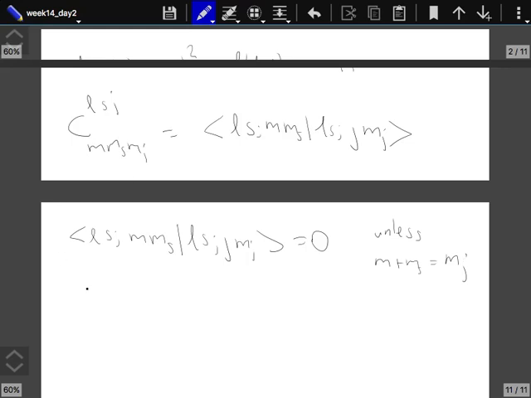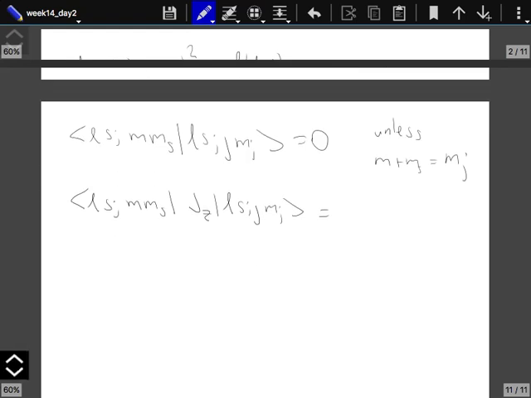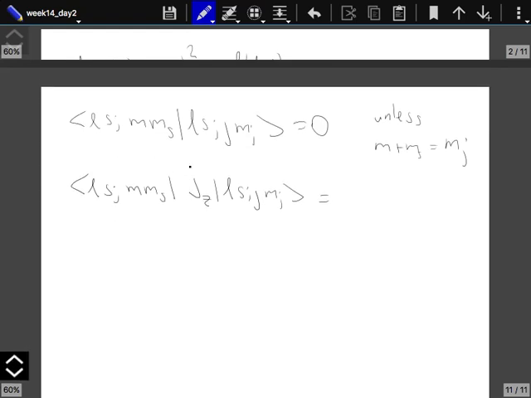Now, how to prove that? Well, let's look at this one: Jz. We know that from the definition of these states, Jz acting on this ket just gives me h bar Mj times the ket L S J Mj.